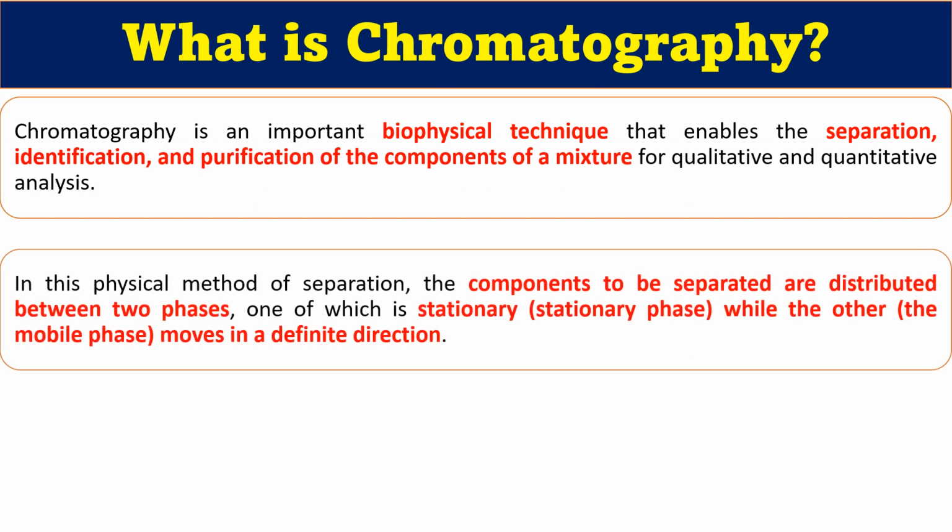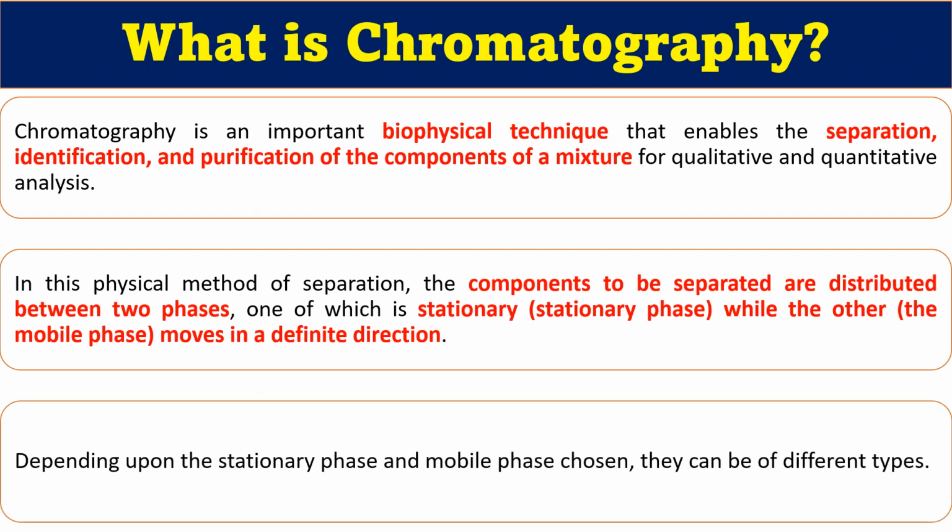It is a physical method for the separation of compounds by using two different phases. One is called the stationary phase, which normally does not move, and the second is called the mobile phase, which normally moves. Through affinity as well as partition, the mixture of compounds is separated.